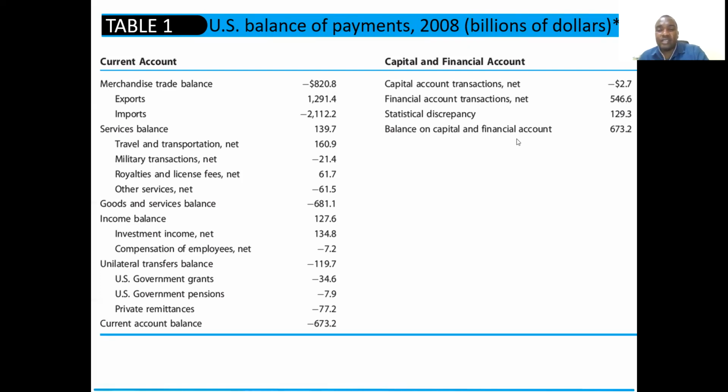The balance on capital and the financial account, taking into account the statistical discrepancy item, is 673.2 billion. So since this figure is positive, we have got a positive figure of 673.2 billion. It cancels out the negative figure of the current account.